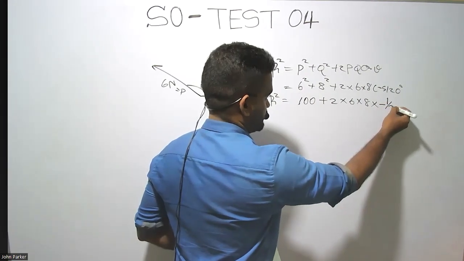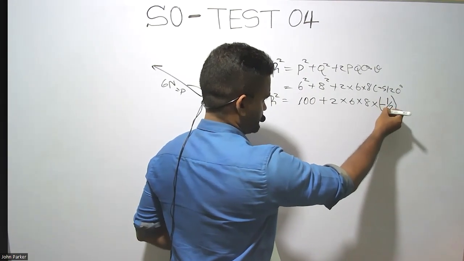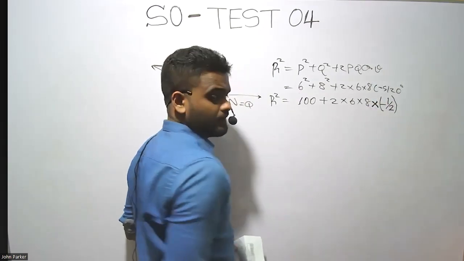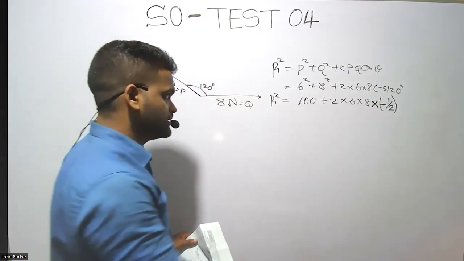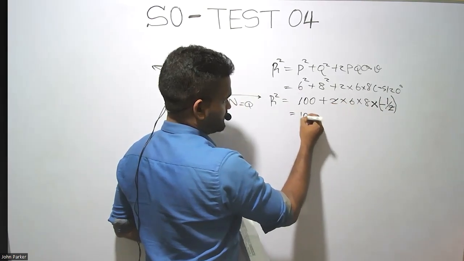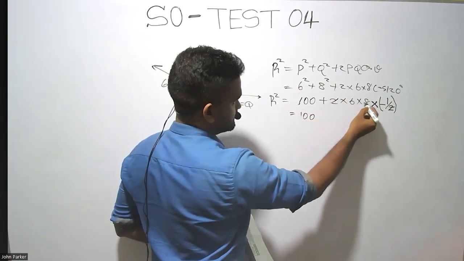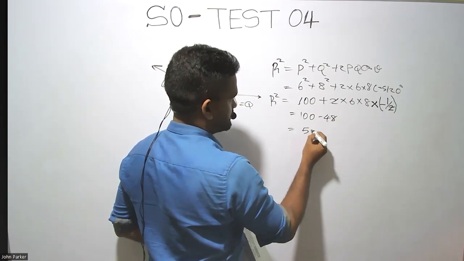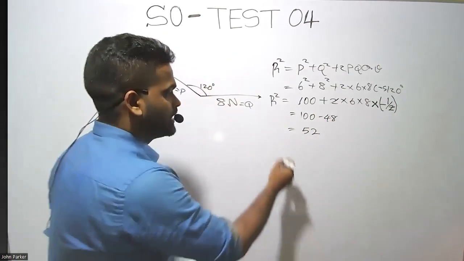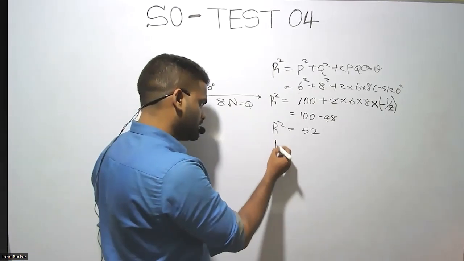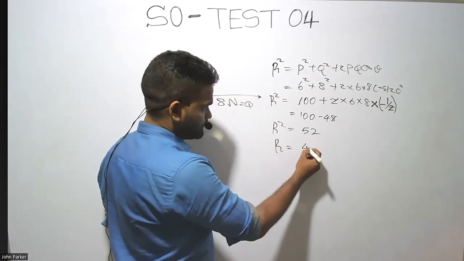The maths students clearly know this value. If you don't know the value, there's a method, and I'll explain that as well. So these two and these two cancel off. So this is 100, 6 times 8 is 48, minus 48. So this is 52. R squared is 52. 52 means 4 times 13.